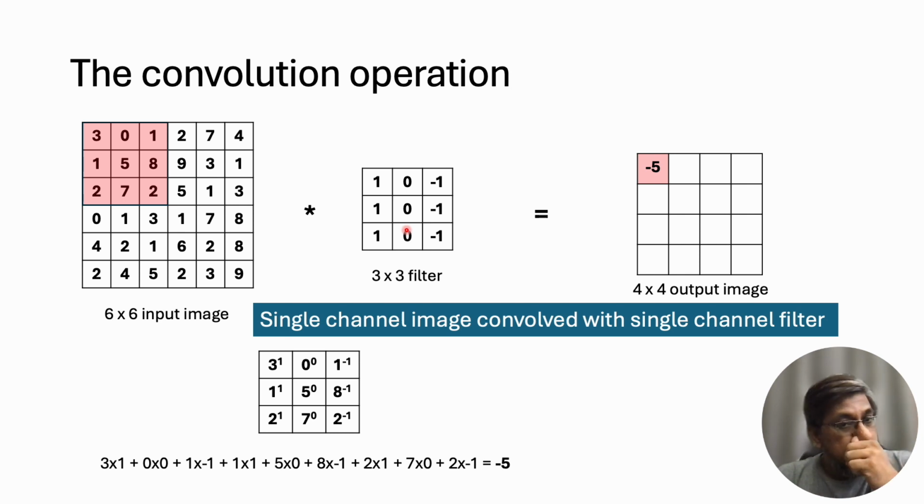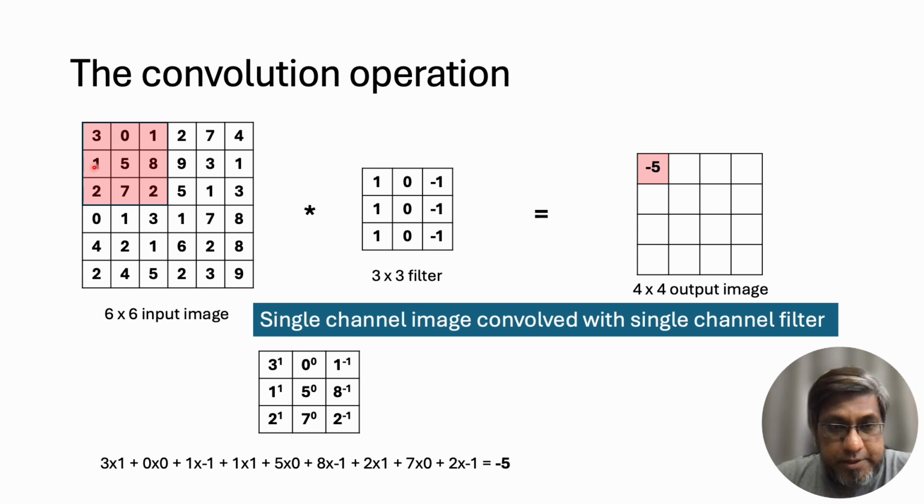Now, to perform the convolution between the elements within that window and the filter, we perform an element by element multiplication of each of the pixels within that window with the corresponding elements in the filter, and then add up all those products. So that's 3 into 1 plus 0 into 0 plus 1 into minus 1, which is what is illustrated here.